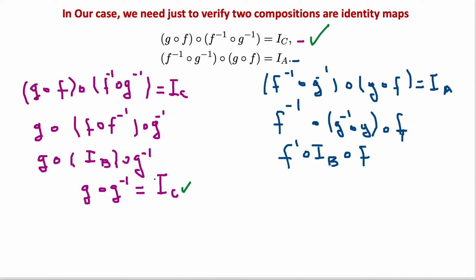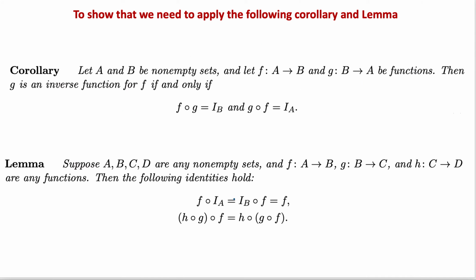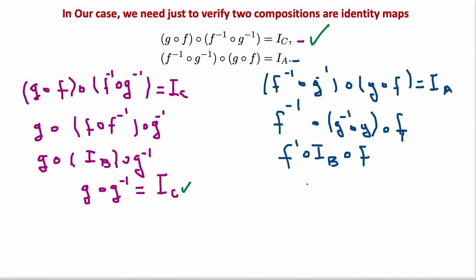And again we are applying this lemma here. The inverse function of f times the identity B, or function f times the identity B, is equal to f. So we have the inverse function of f composition with f, because identity B composition with f is just f.